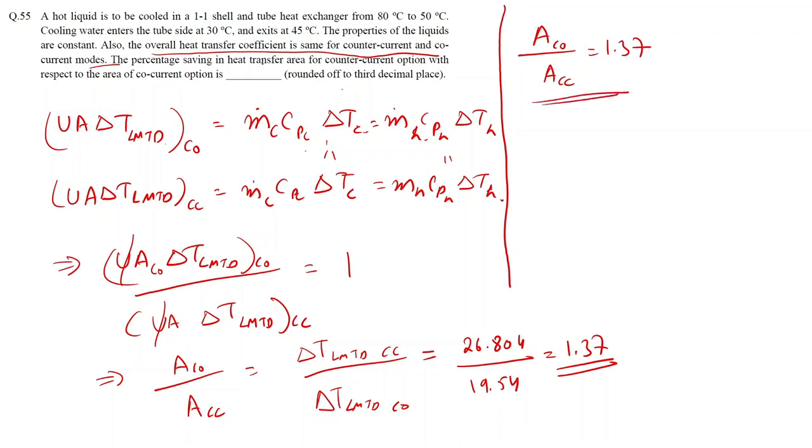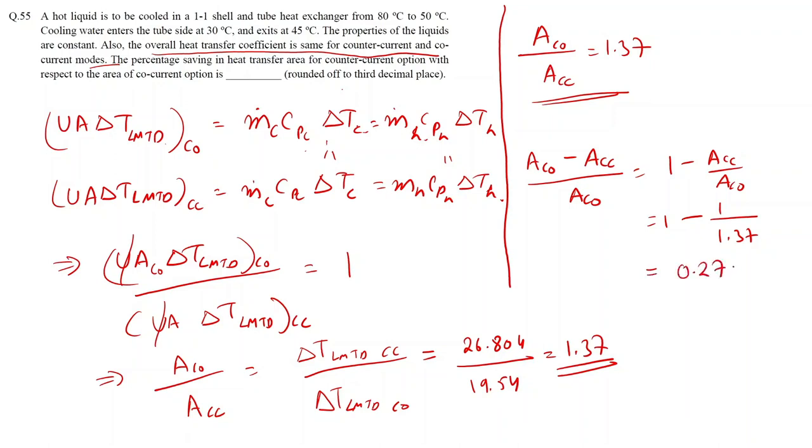Now we have been asked to find the percentage saving in heat transfer area for the counter current option with respect to the area of the co-current option. So we have been asked to find ACO minus ACC upon ACO. This will be equal to 1 minus ACC upon ACO. This we can calculate, and it will come around 0.271.